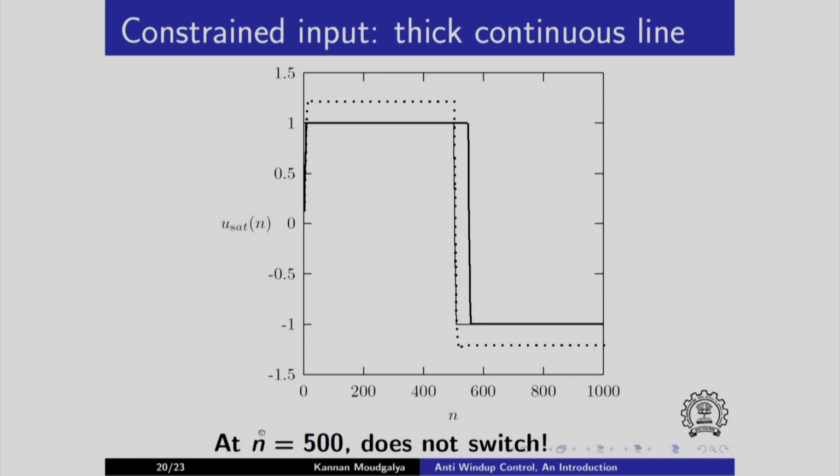And more importantly, at n equals 500 it does not switch. It should switch here, but it does not switch, it continues to be positive when it is supposed to be negative. What is the reason? We will see it in the next slide.